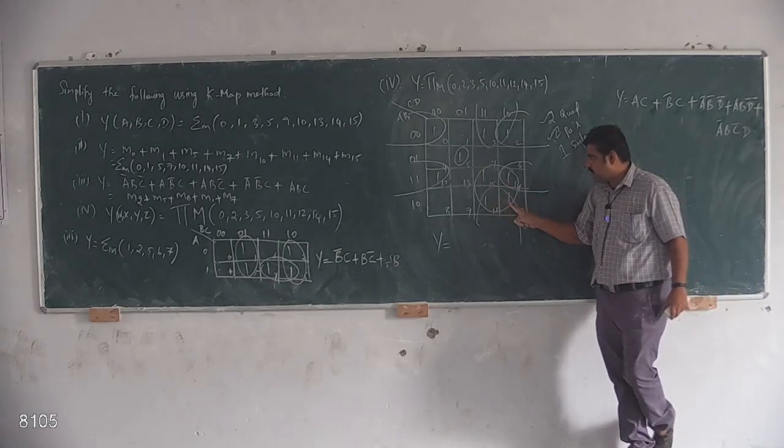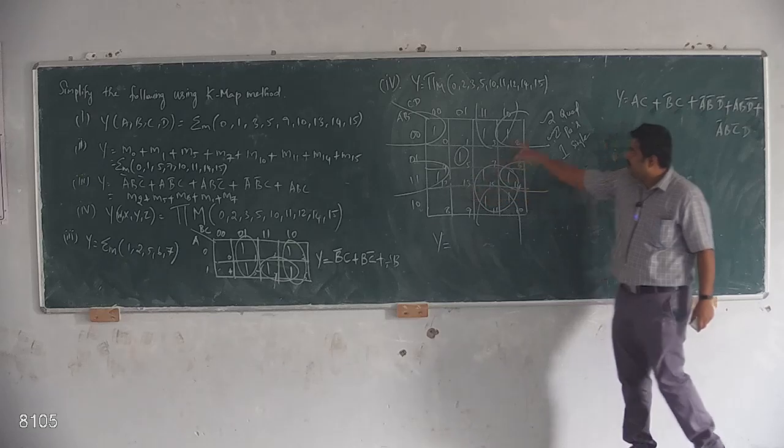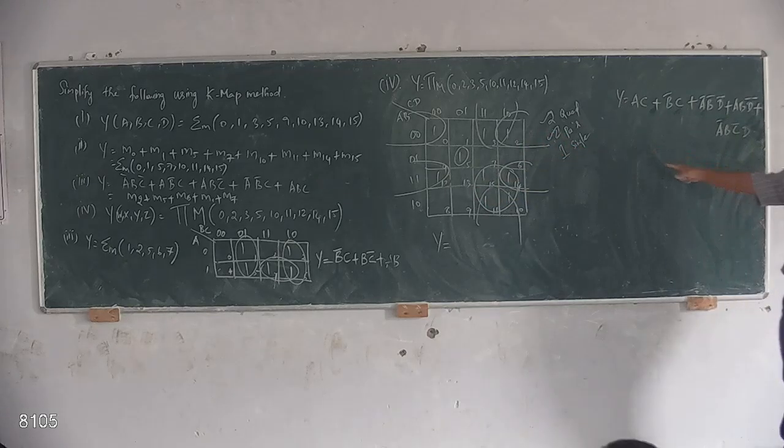This four adjacent ones. Common variable is here A, C. AC is a common variable. Okay.